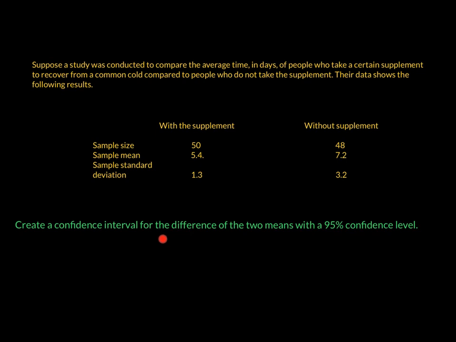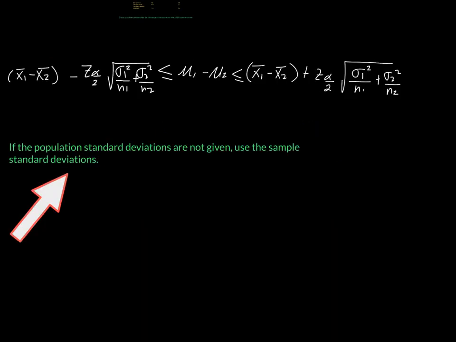If that is the case, what will be the formula to use in finding the confidence interval? This is our estimator. The formula says we have to find the difference between the two sample means, and then either subtract, to get the lower limit, or add, to get the upper limit. The value that we are adding and subtracting is our margin of error.